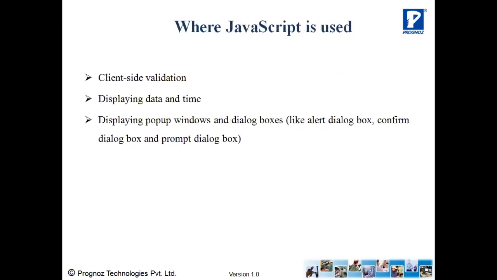Now, where is JavaScript used? I can say what are the uses, or advantages, of using JavaScript. The first and the most important is that it is used for client side validation. Means if you want to validate your form before submitting its data to the server, then you can go for client side validation. What kind of validation?